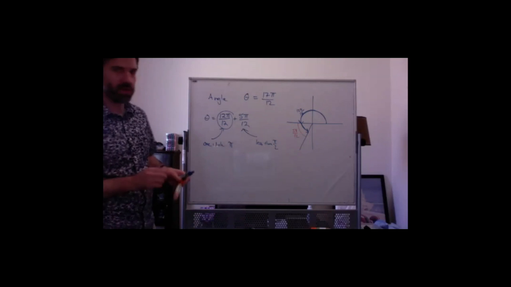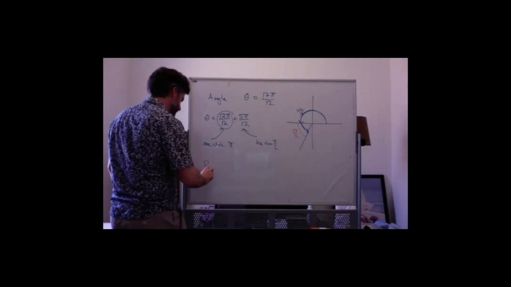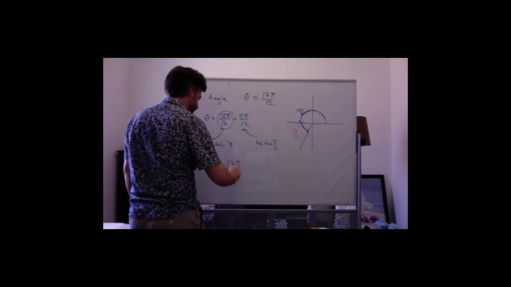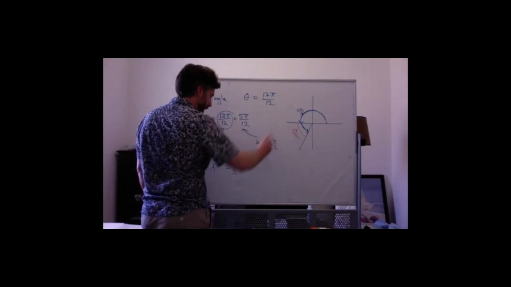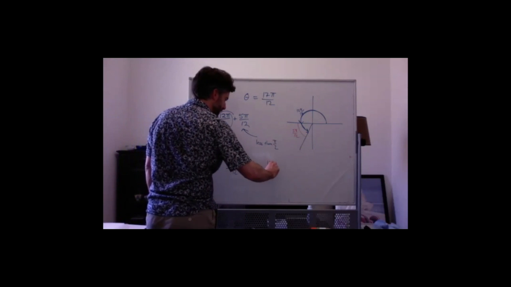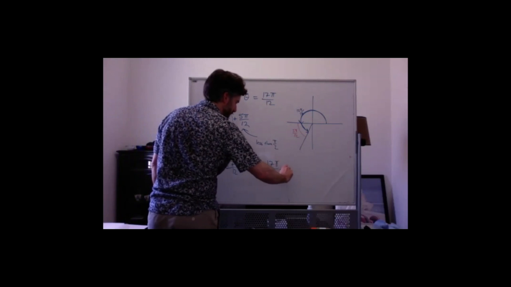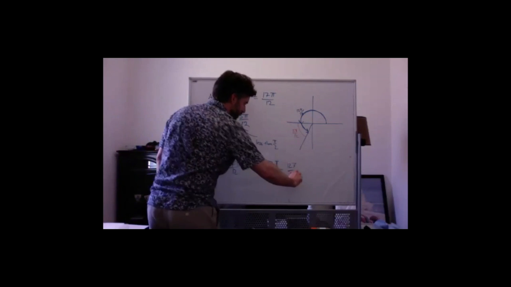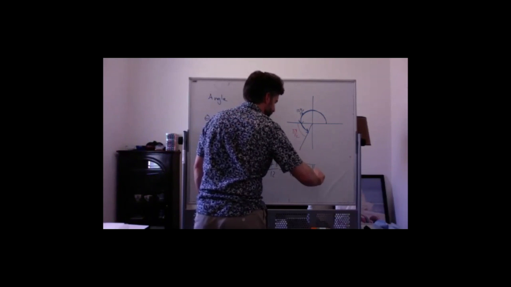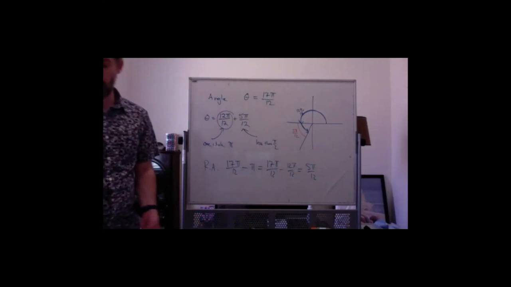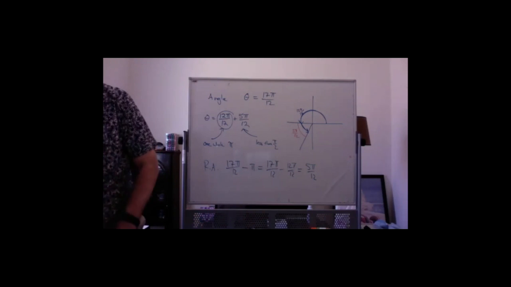You could also do the work, right? You could say the reference angle is 17 pi over 12 minus pi, which is 17 pi over 12 minus 12 pi over 12, which is 5 pi over 12. That would also be a perfectly fine way of doing it.